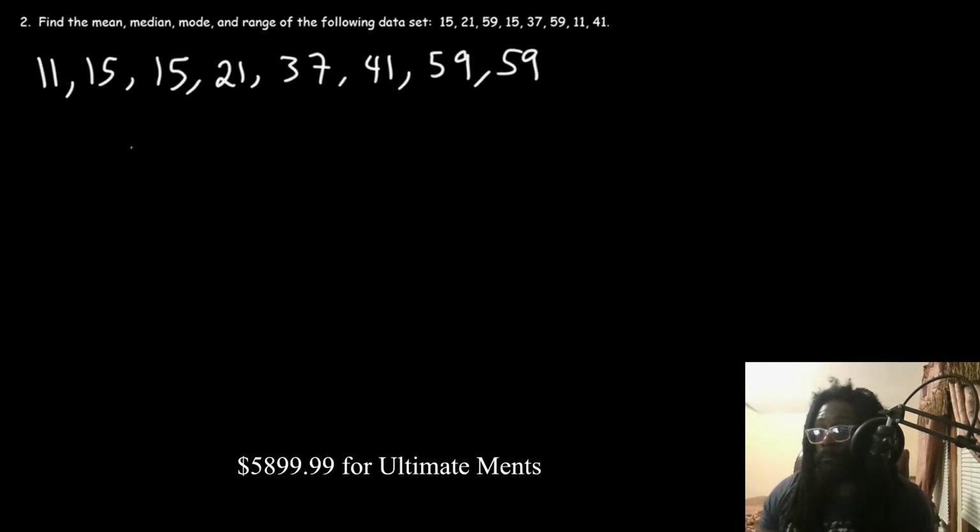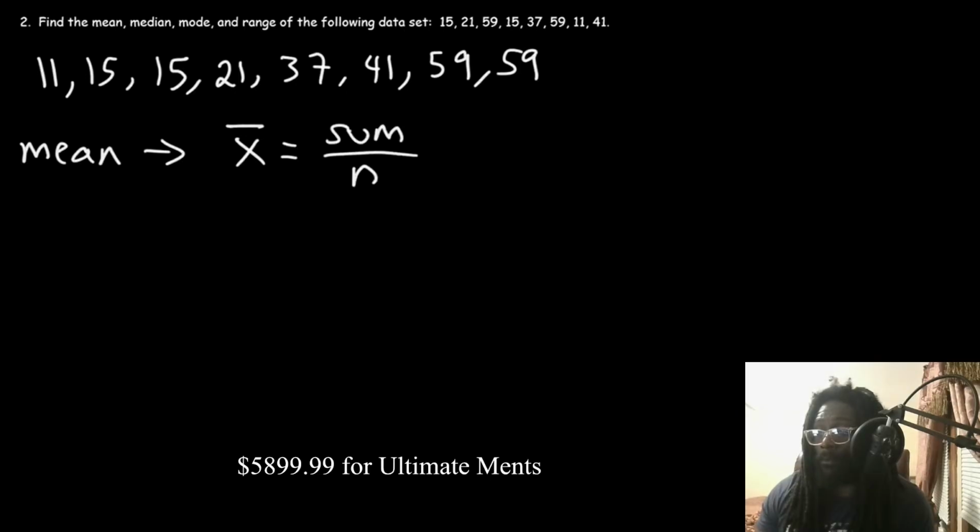So let's begin by calculating the mean. So the mean, represented by the symbol x bar, is equal to the sum divided by the number of numbers in the dataset. So let's add up the 8 numbers.